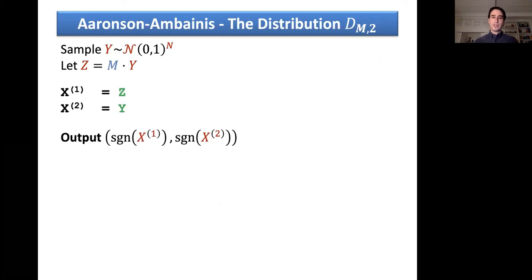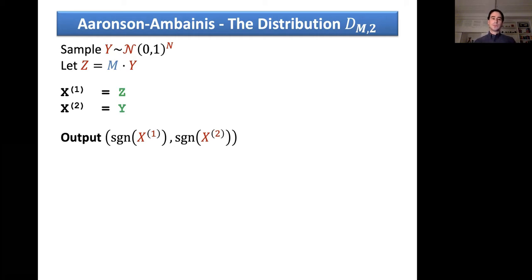So I want to mention briefly how this distribution looks. We start with the distribution defined by Aaronson-Ambainis, DM2. So this is for the case of k equals 2, or rather the case where we need to output 2 vectors. We start in the Gaussian world.